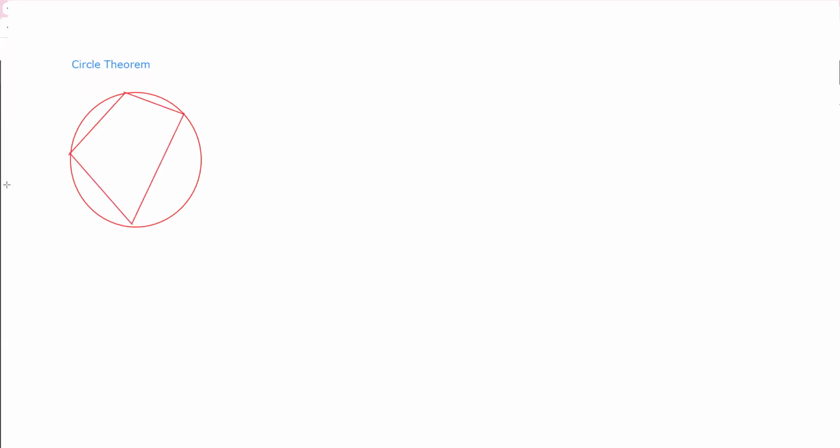Once it's a 4-sided figure whereby all of the corners are touching your circumference, it is known as a cyclic quadrilateral. So let's define that quickly.